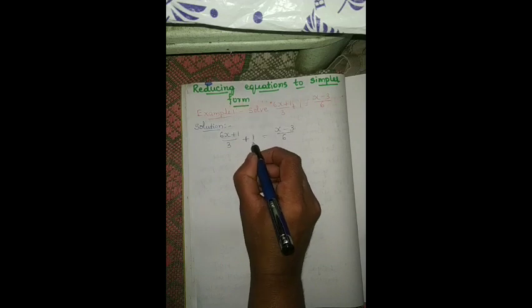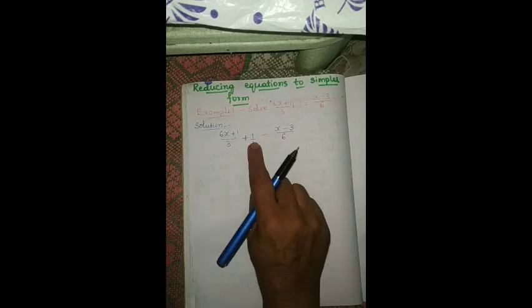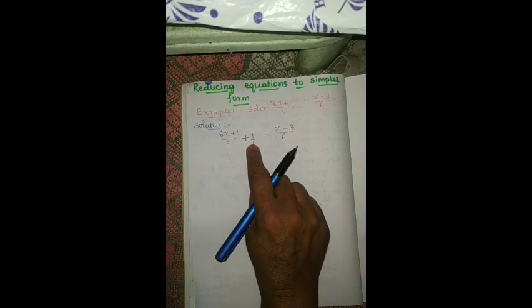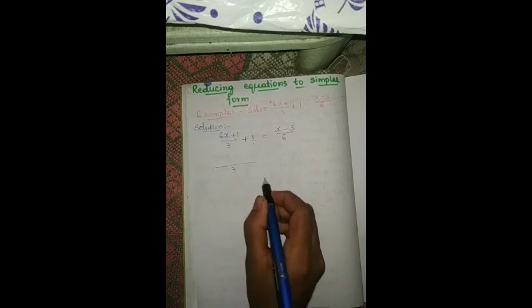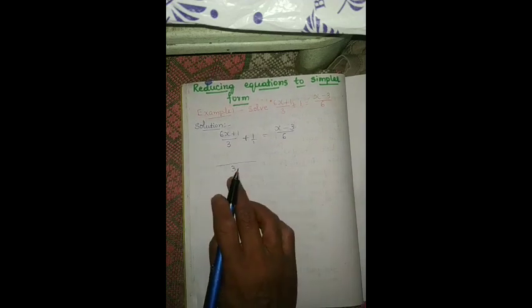Here only 1 is there. That means in the denominator there will be 1, correct? It is understood that in the denominator there is 1 on the LHS, correct? Now, 3 and 1, the denominators. So, what is the LCM for that? Obviously, it is 3, correct? 3 and 1 LCM is 3, you know. You have become more intelligent, I hope, isn't it? Yes, 3 and 1 LCM is 3.